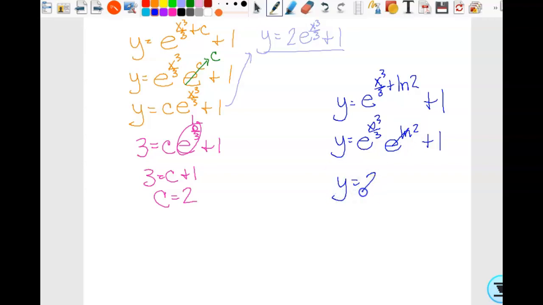So it's y equals 2 times e to the x cubed over 3 plus 1. But that right there is why you want to solve for y first. Remember, you don't have to write this down. But if you solve for y and actually go all the way... I stopped too soon. That was my problem. And then I made it way more complicated. And I apologize for that.